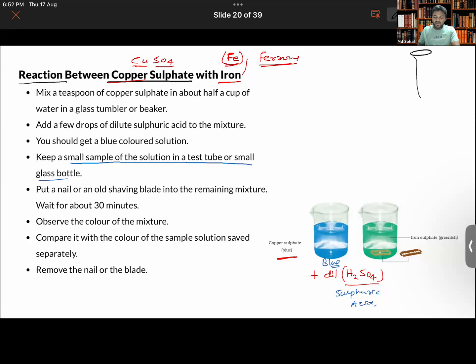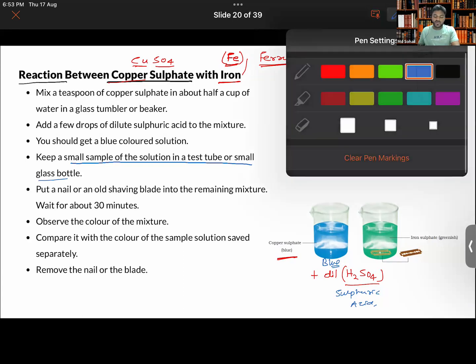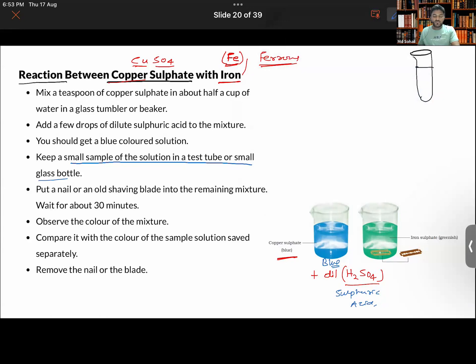When the reaction takes place, the color of the solution will change. In order to study the change in color, we will keep a small sample in reserve. Okay, so that we have done.